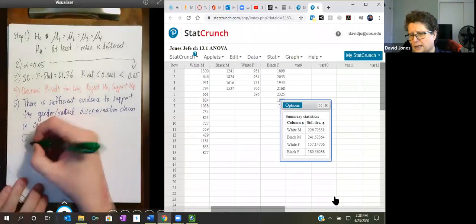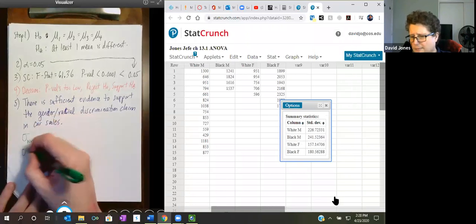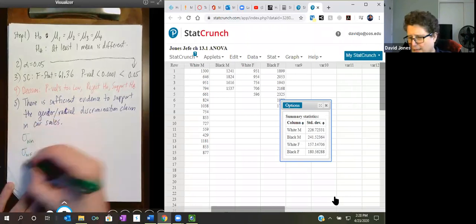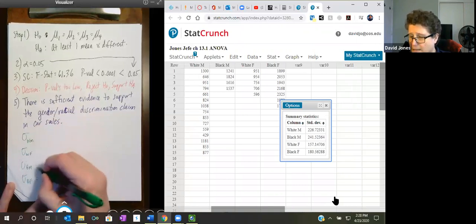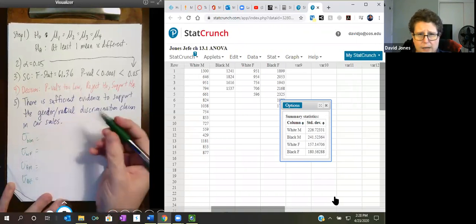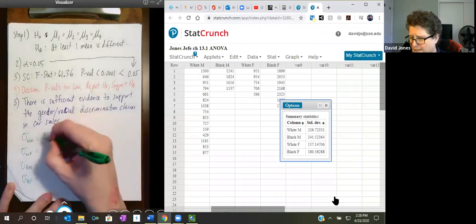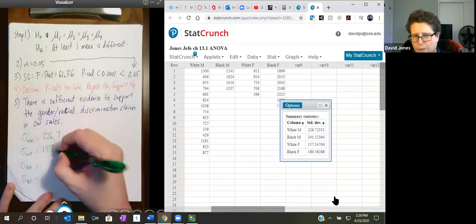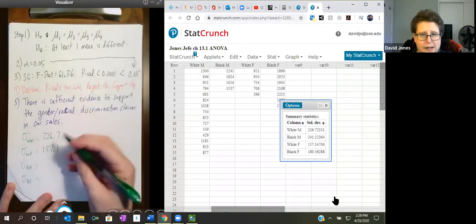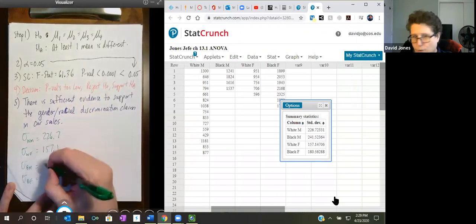So sigma WM, sigma WF, sigma BM, sigma BF. White male was 226.7. White female was 157.1.